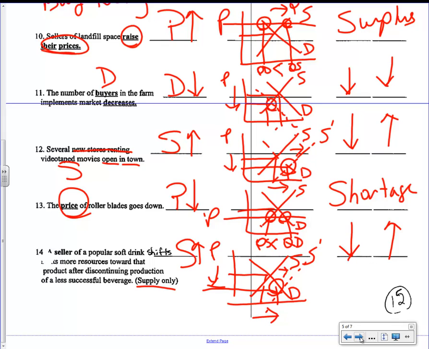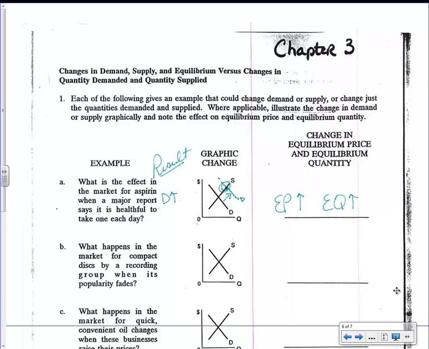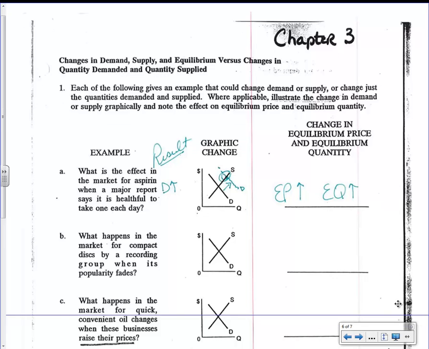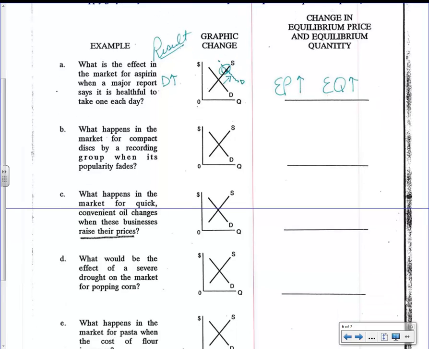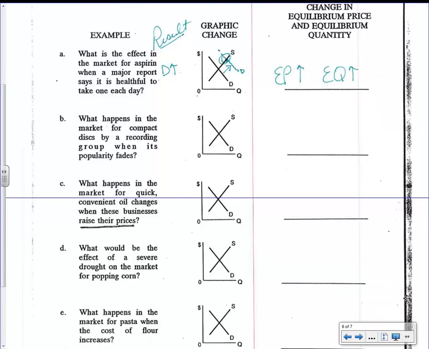We're going to continue with the next page, exactly what we're doing here, showing these changes in demand, supply, or price. So the first one says, what is the effect in the market for aspirin when a major report says it's healthful to take one each day?